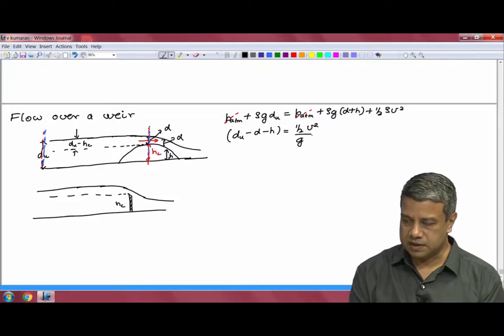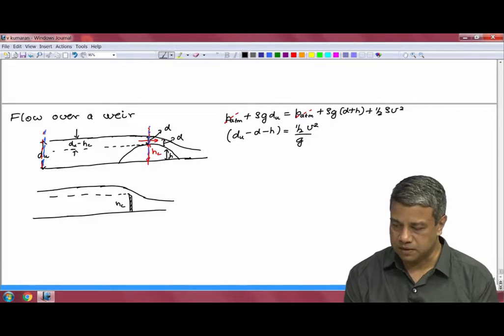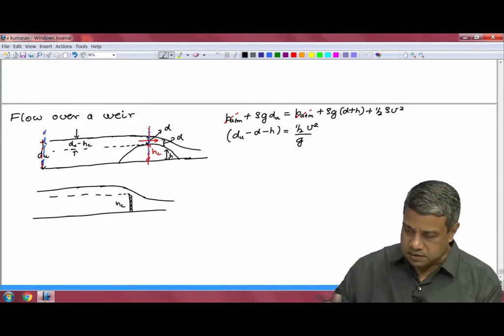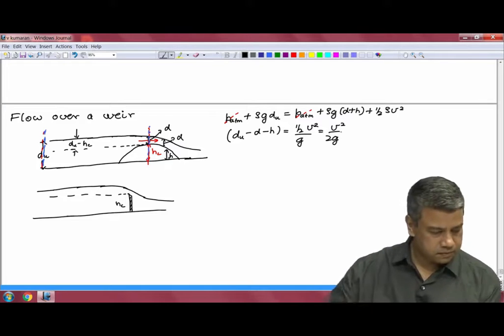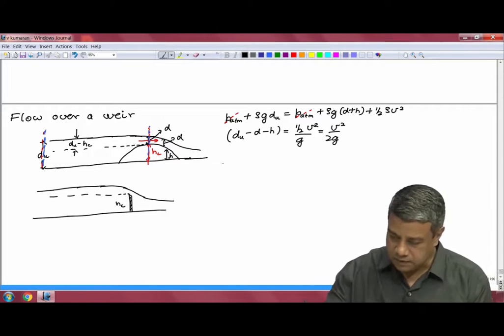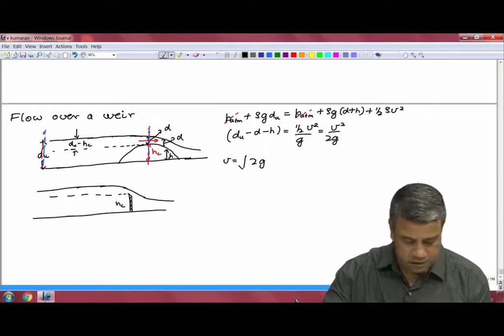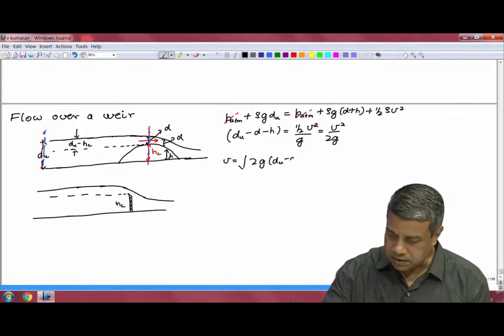That is the relation I get by dividing throughout by rho times g. So, this is equal to v square by 2g. Therefore, the velocity v is equal to square root of 2g into du minus d minus h.